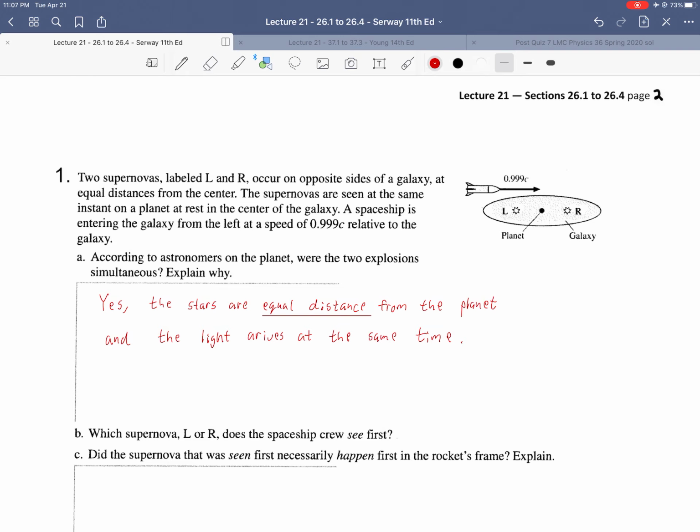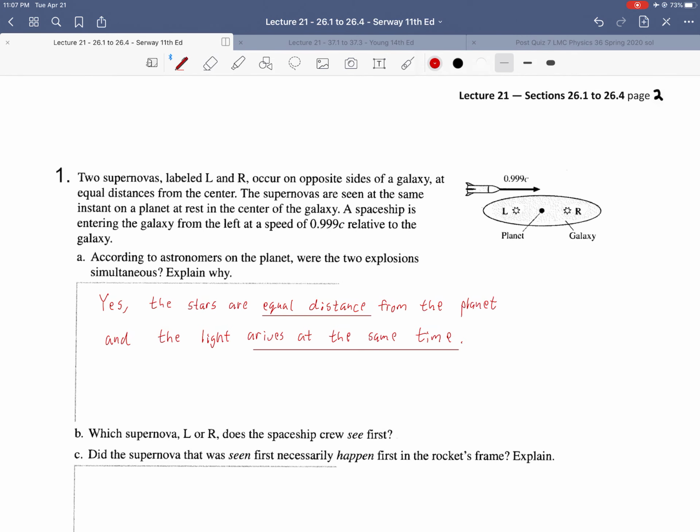So I want to quickly speak to that. I have equal distance and arrives at the same time. Those are the two things we know for sure. The distance we know for sure. We know how far away something is. In the real astronomical world, that can be measured. There are certain ways to measure distances to know independently how far away they are.